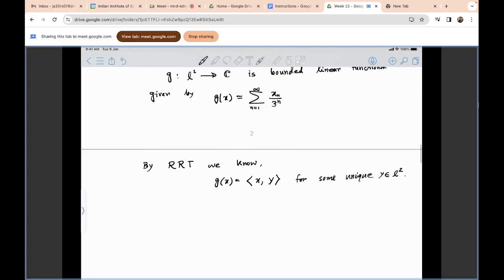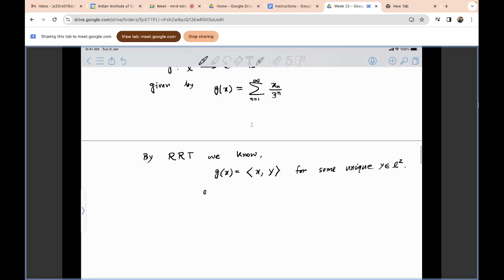So what is that element? And the operator norm of G is the same as the L2 norm of y.